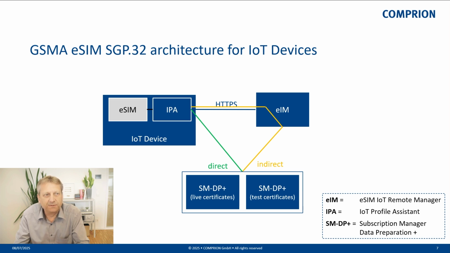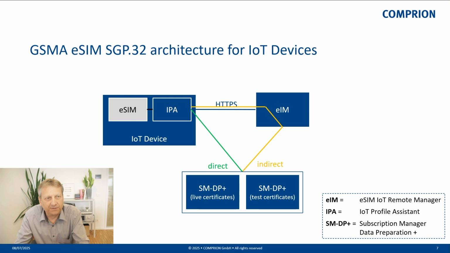The indirect profile download is then meaningful if you use narrowband protocols between the IoT device and the eIM, because then also for the profile download you can use the narrowband protocol, which might be necessary. The direct profile download does not support the narrowband protocol, it just goes via HTTPS.